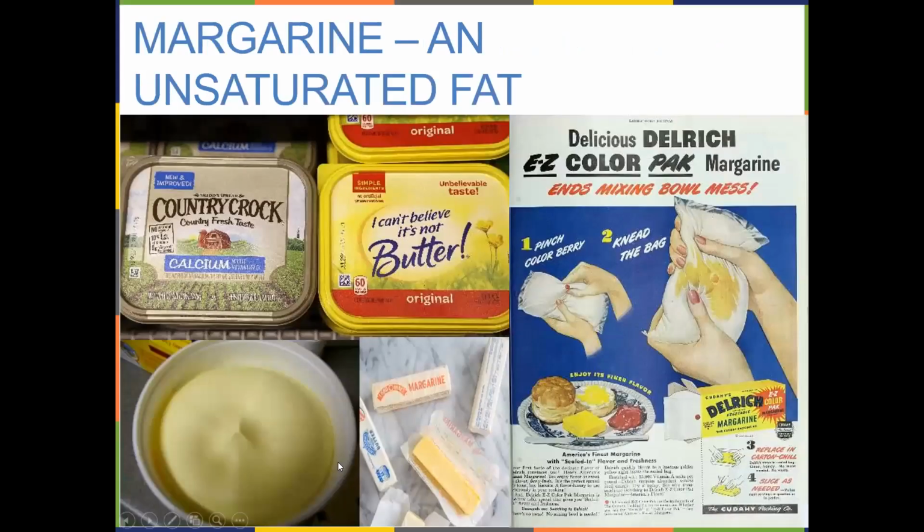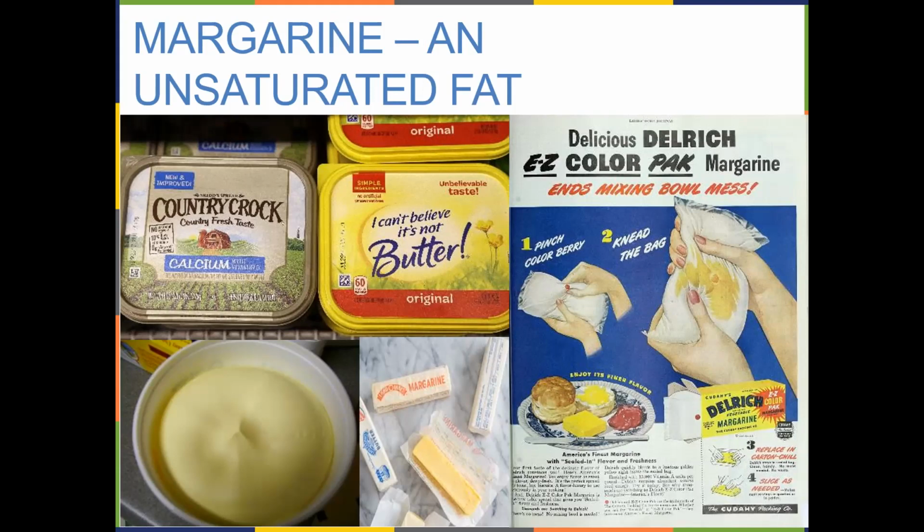There we go. This is what I was talking about over here. This is how margarine had to be processed at home with a flavor pellet and a dye pellet, or as I say, the color berry in here, to mix it up.